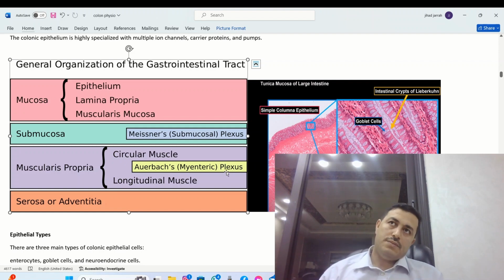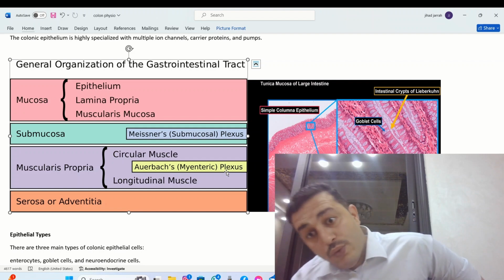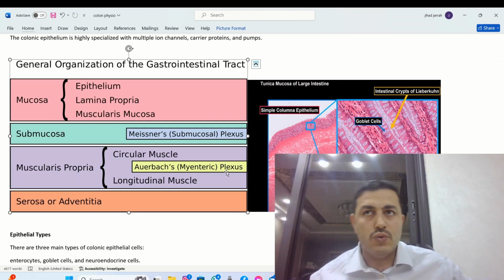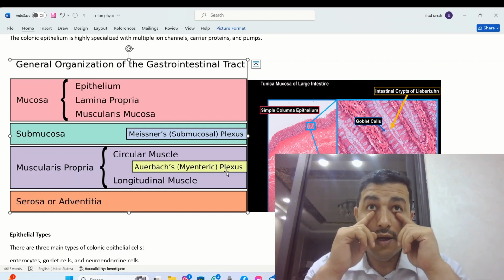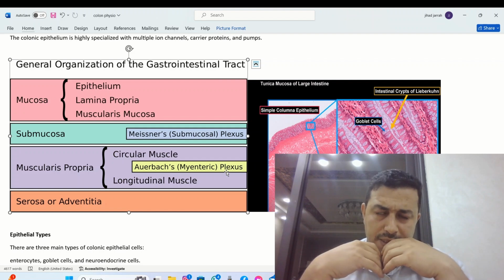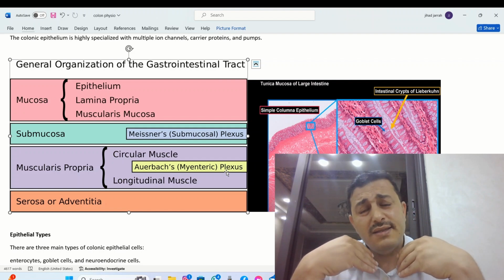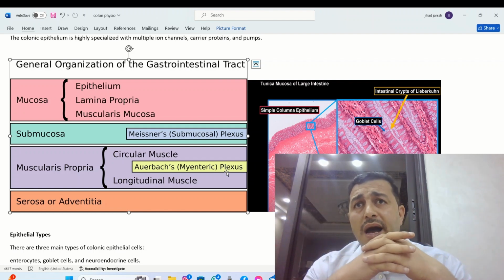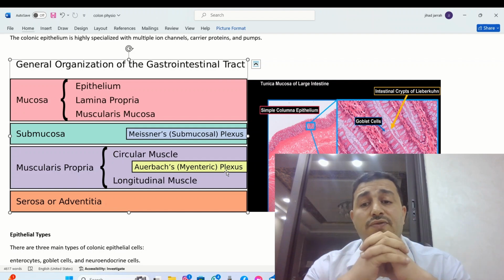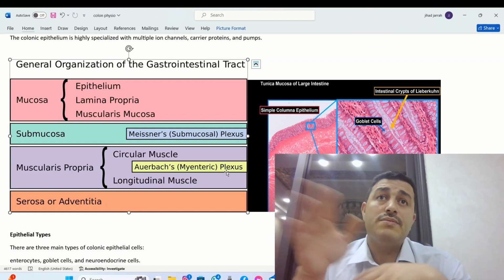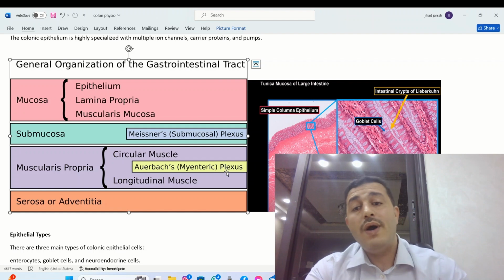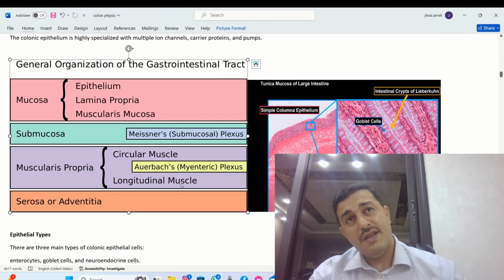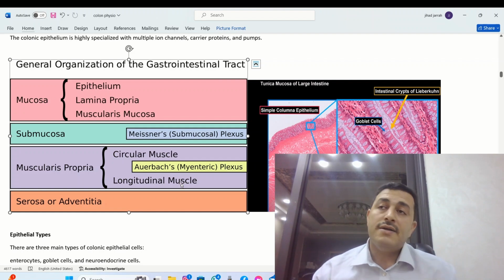And to explain for you, we have a circular layer in the colon, which is all over the colon and continues to the rectum and anus, and even in the anus it forms the circular muscle, the internal anal sphincter, while the longitudinal muscle in the colon is the tinea coli.